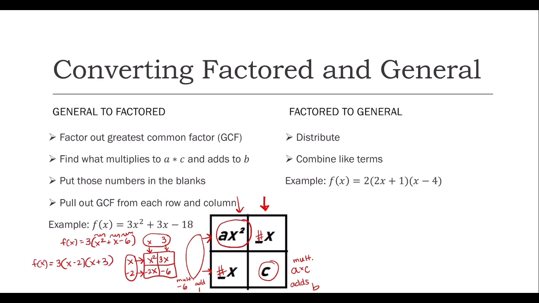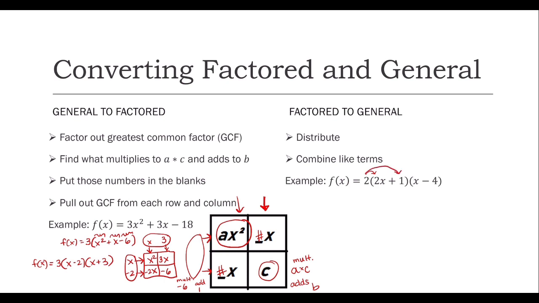So to go from factored form to general form, we'll simply distribute and combine like terms. So you can distribute this 2 first, or you can distribute your two binomials. We'll start with the 2.